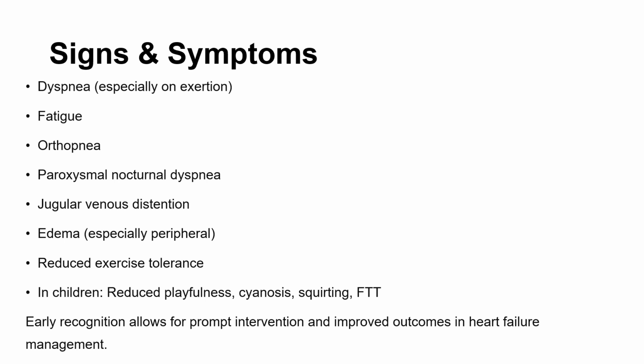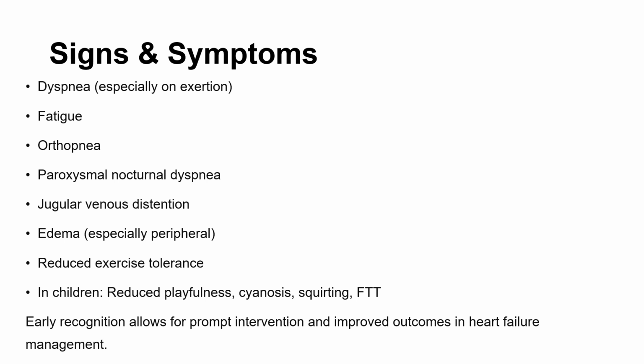In children, we have reduced playfulness, we have cyanosis, squatting, and failure to thrive. This squatting comes in tetralogy of Fallot. You will see these children go on their feet and go down and squat. This is because when they squat, we have increased resistance to the rest of the body.